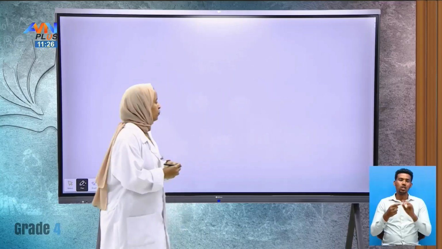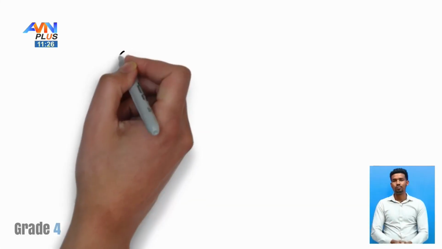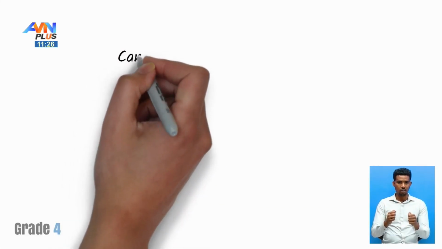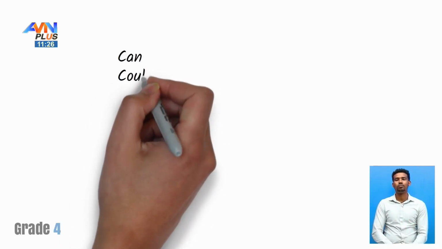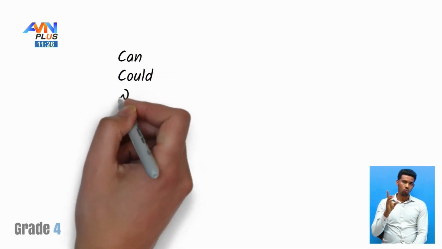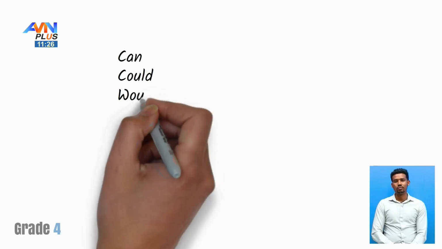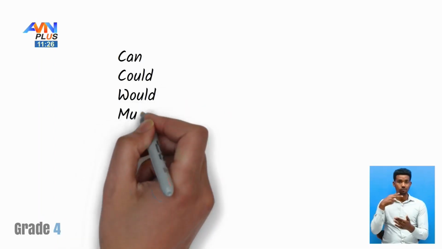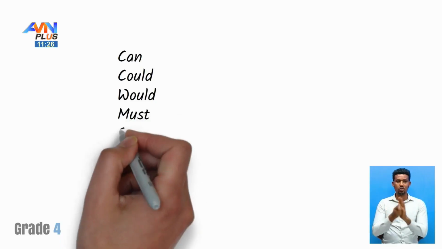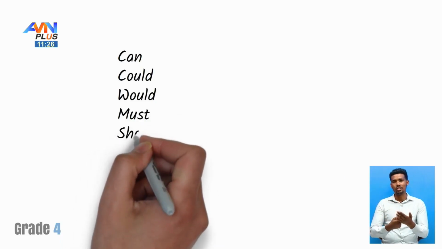Let me show you. For example, here like can, could, would. Even these are auxiliary words. Must. For example, let us mention this, should.